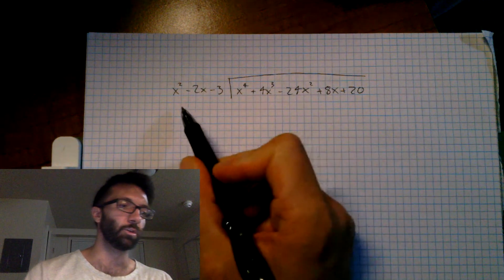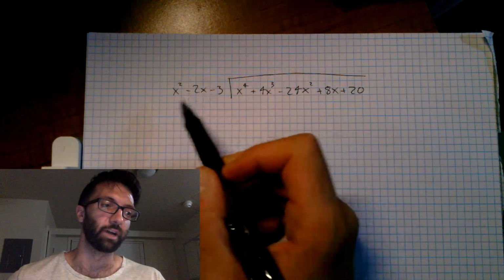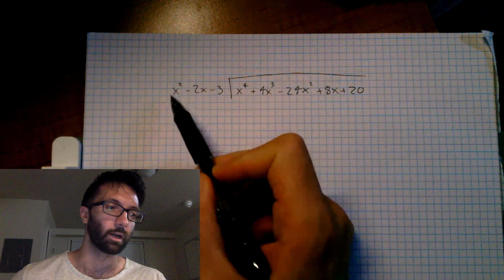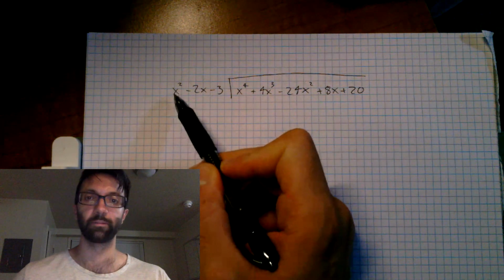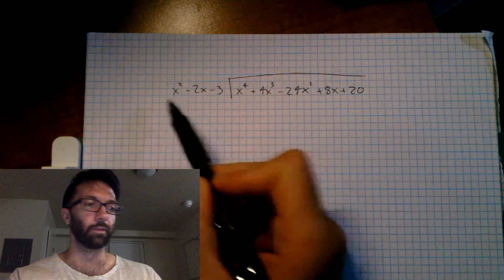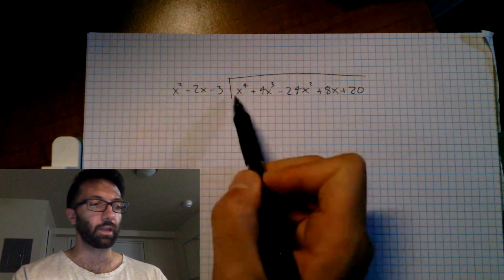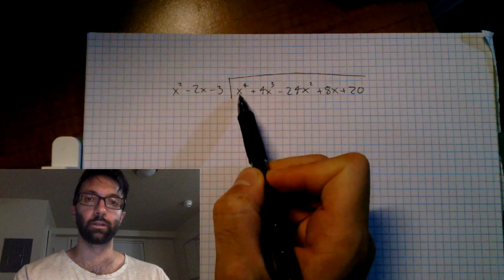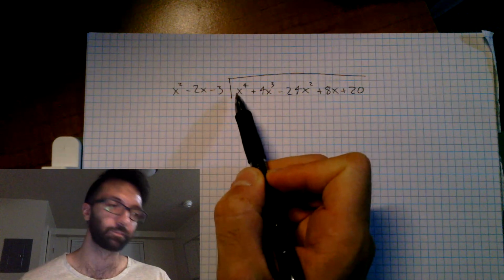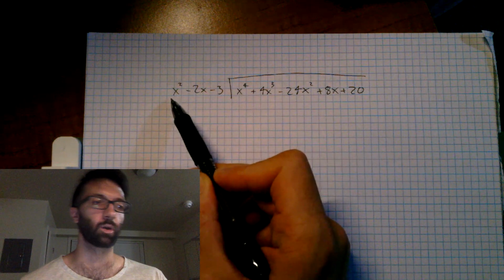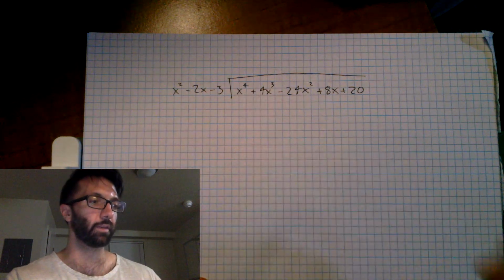So the first thing you do, just like the linear divisor, is you take your x squared here, the leading term of the divisor, and you think about how many times that would go into the x to the fourth. So what would you multiply x squared by to get x to the fourth? And that would be x squared.